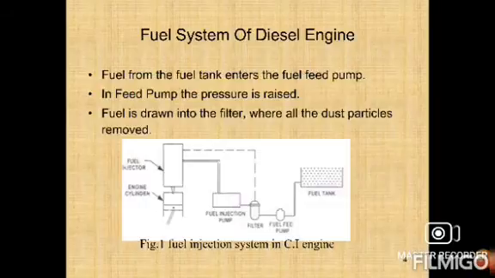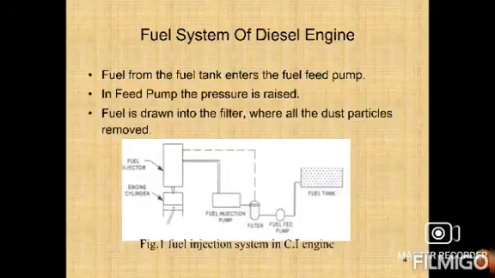From the filter the fuel enters the injection pump, where the pressure of the fuel is increased above the pressure of air in the cylinder at the end of compression. At this high pressure, fuel is sprayed into the engine cylinder by means of the fuel injector. Any spill over fuel in the injector is returned to the filter. This is the fuel system of a diesel engine.